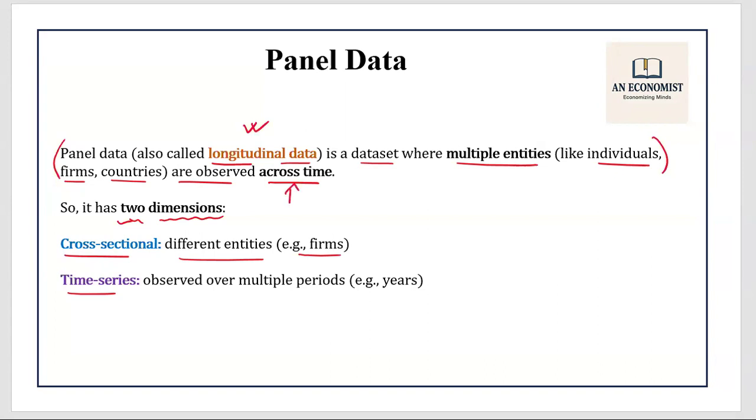So first is the cross-sectional dimension and second is the time series dimension, where different entities are observed over multiple periods. It can be yearly, quarterly, daily, weekly, monthly, anything that you want, you can consider that.